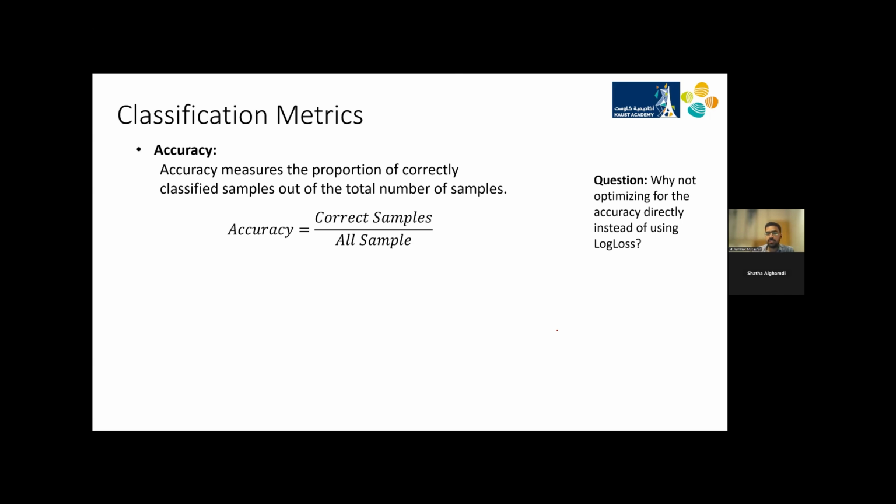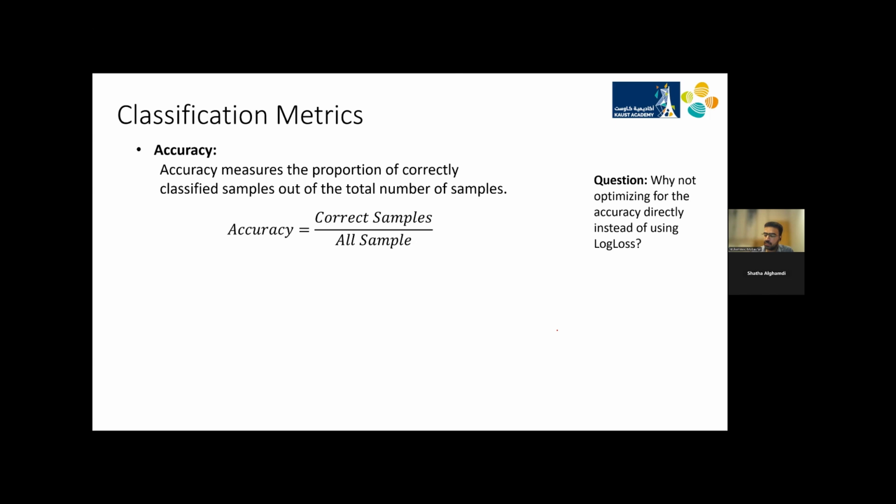But here, since we are using something called log loss, we actually want to know in numbers how good our model is. The simplest way to do that is to just use accuracy. Accuracy is just the number of correct predictions divided by the total predictions made by the model.